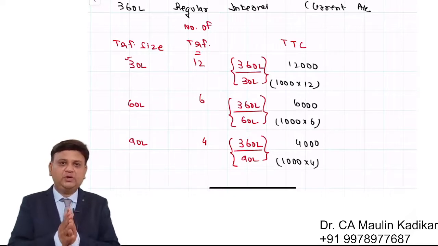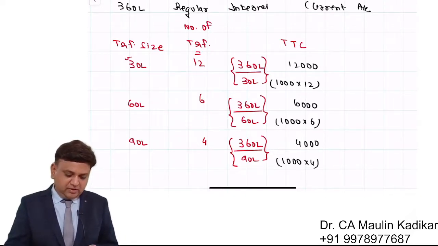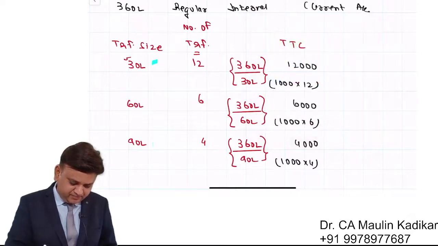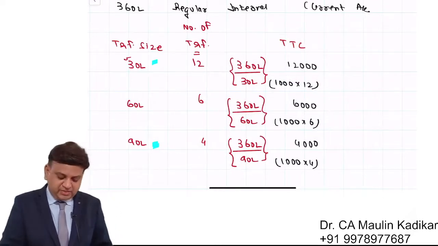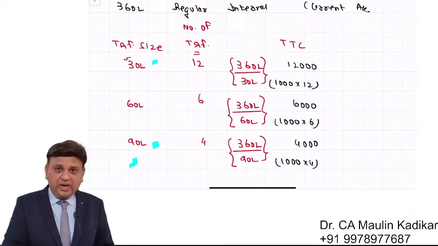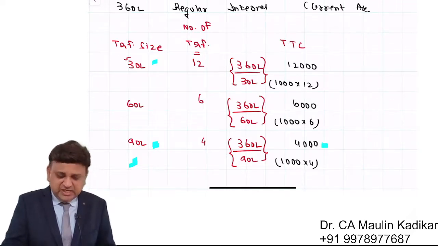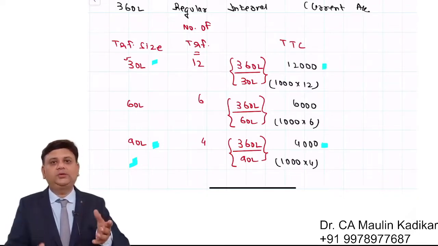Now my question to all of you, please write your answer in the chat box. Between 30 lakhs and 90 lakhs, I am tempted to keep the transfer size of 90 lakhs. Why? Because I can see that the total transfer cost is just 4000. Over here it is 12,000.